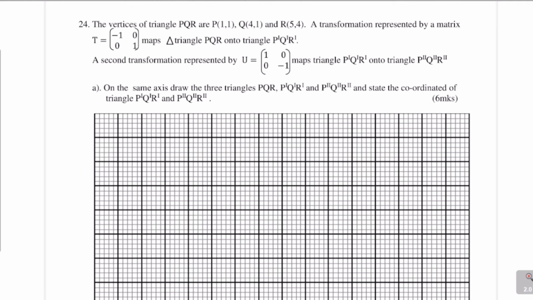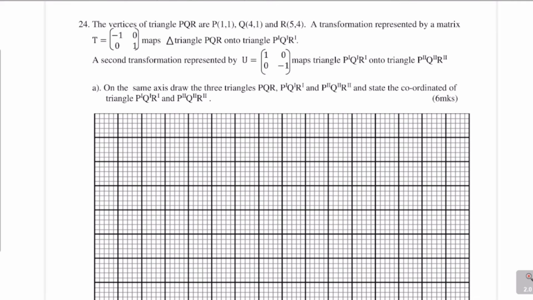A second transformation represented by U, which is 1, 0, 0, -1, maps triangle P prime, Q prime, R prime onto triangle P double prime, Q double prime, R double prime. Part A, on the same axis, draw the three triangles and state the coordinates of triangle P prime, Q prime, R prime, and P double prime, Q double prime, R double prime. So that is the question.